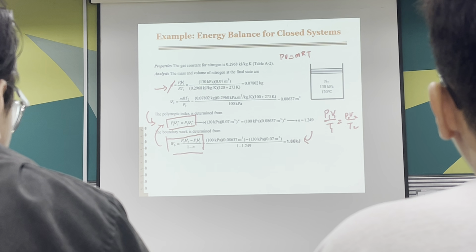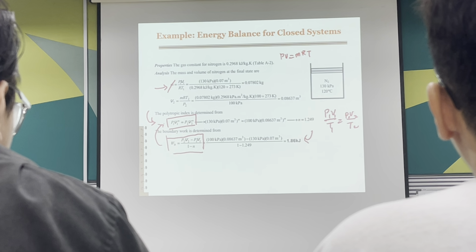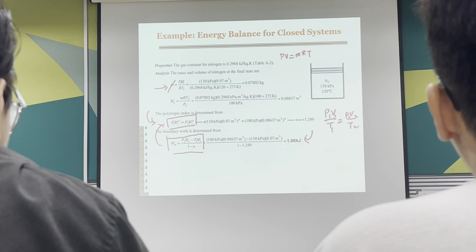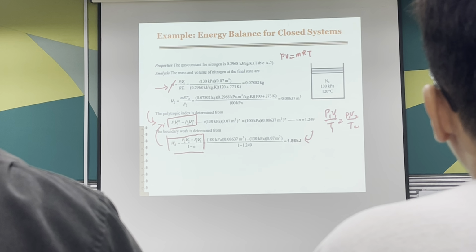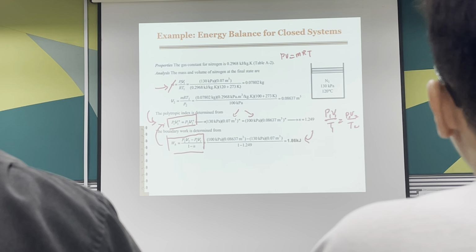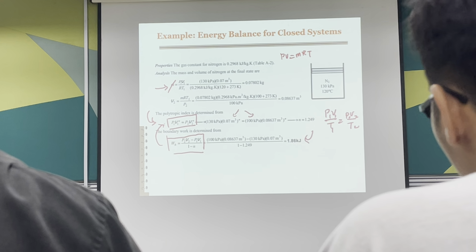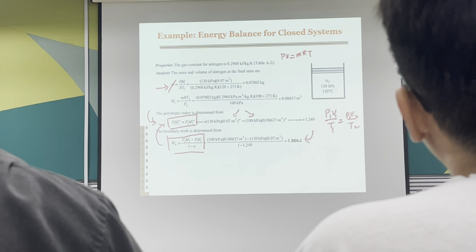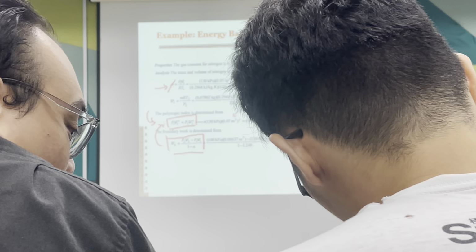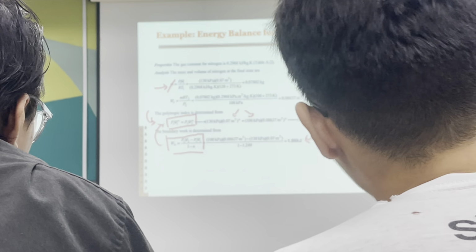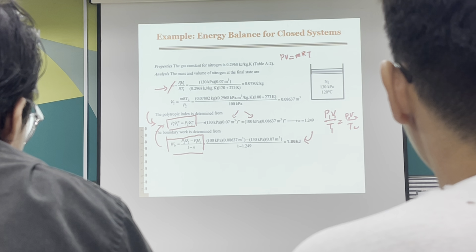How do you get the n? You compare the polytropic index. You just compare these two. You can move this over to the other side, then combine them as an n, which equals to 1.